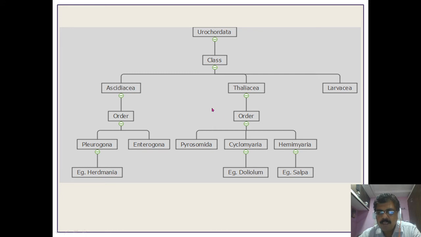Then from Urochordata, the class Thaliacea, order Cyclomyaria, and the genus is Doliolum. The next example that we have to study is Salpa: phylum Urochordata, class Thaliacea, order Hemimyaria, and the example is Salpa. This tree diagram you have to draw on the left side, which is a blank page.